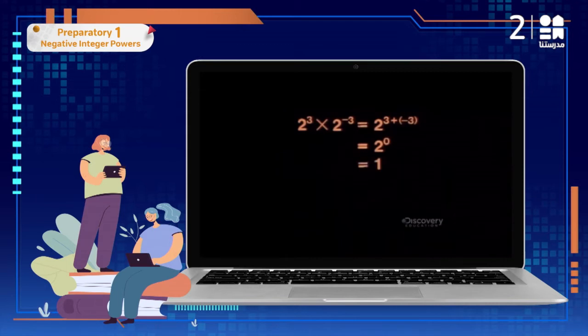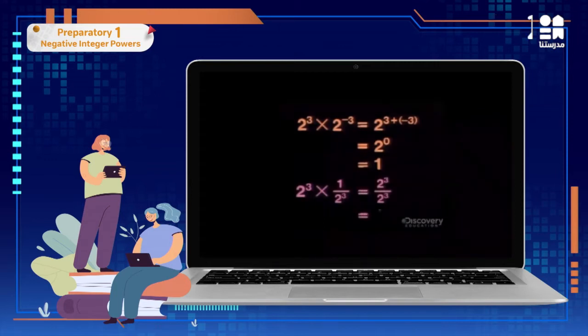On the other hand, starting as before, we can multiply by 1 over 2 to the power 3, and again the answer is 1. So 2 to the power negative 3 must equal 1 over 2 to the power 3.